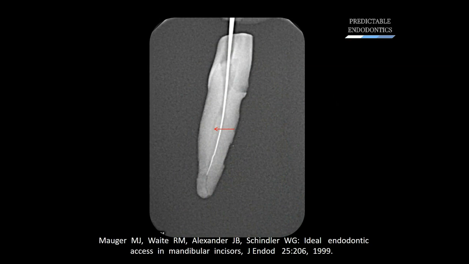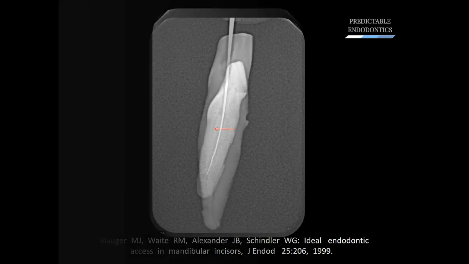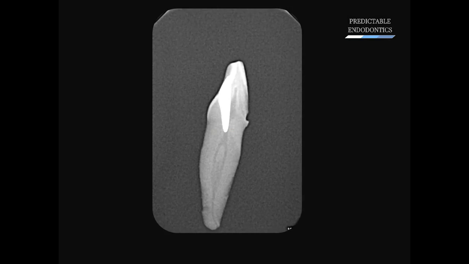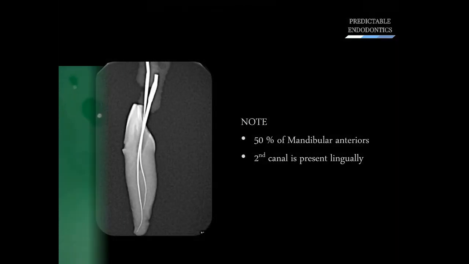Having discussed all this, I must also mention that the lower anterior teeth access preparation will require a few modifications. About 50% of your lower anterior teeth will have an extralingual canal, and in case you do not widen your access cavity a little further lingually, you're bound to miss the lingual canal for sure.